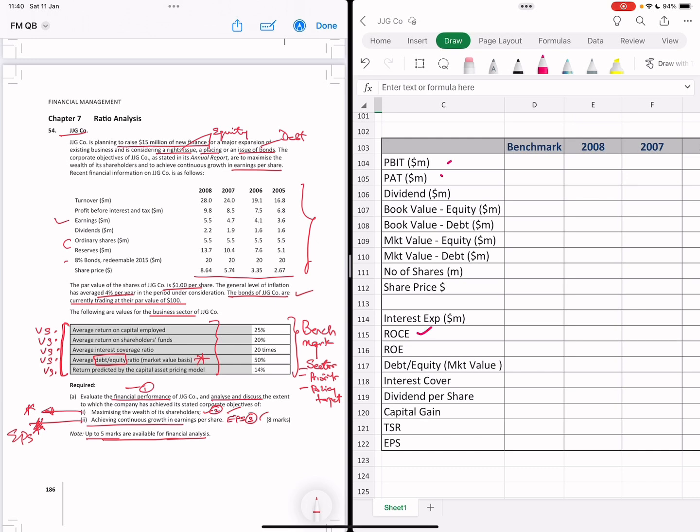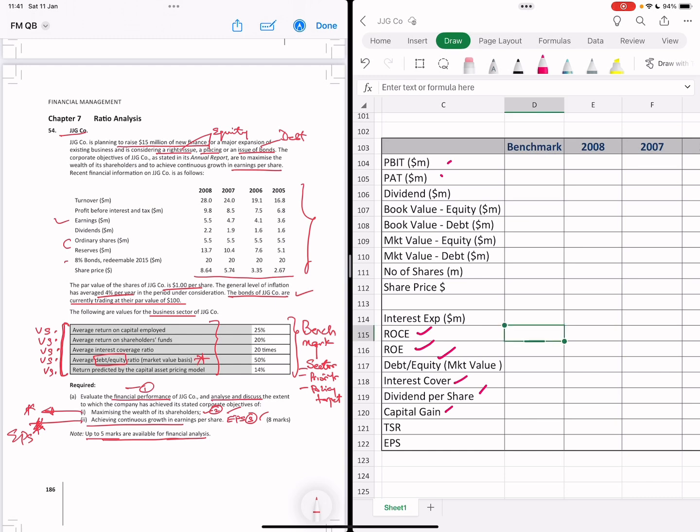We said we're going to do ROCE, ROE, debt equity at market value, interest cover, and dividend per share, because we need these two to be able to get total shareholder return. Then EPS as well, to see how it's been growing. So these are the ratios we need to calculate, but let's quickly put the benchmark for each ratio.